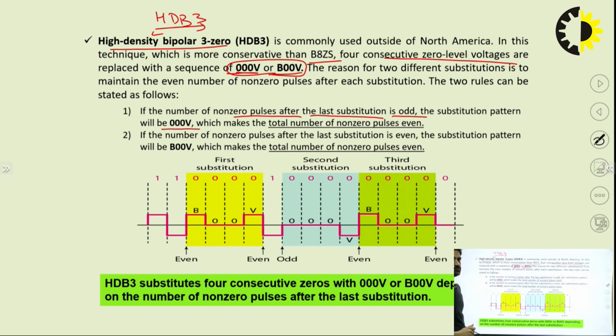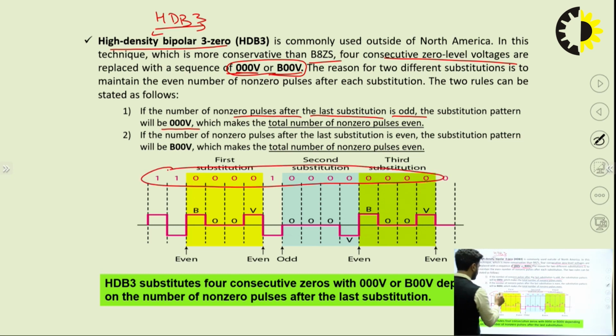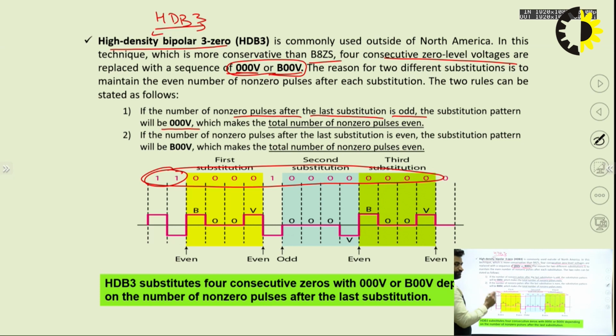Suppose we have to do line coding for this data. See, 4 zeros will come here, 0 0 0 0. We have to count the previous non-zero pulses here, that is 2, which is even. If the previous count is even, that will be replaced by B00V. Here we are changing to B00V.